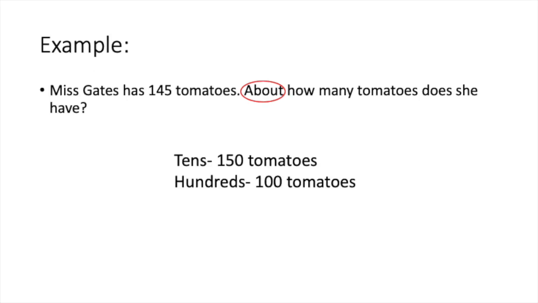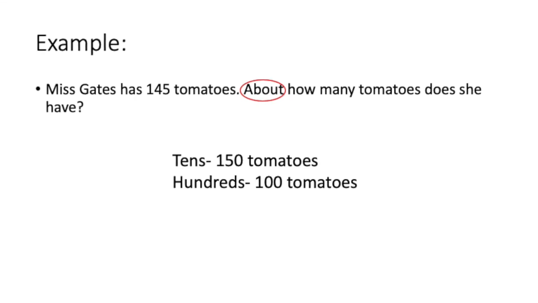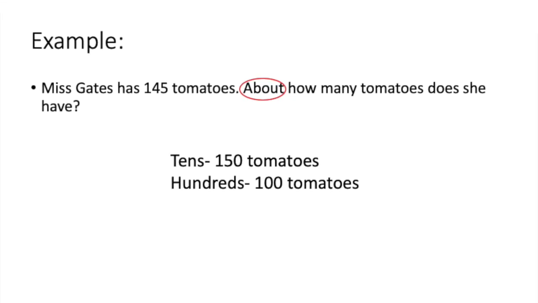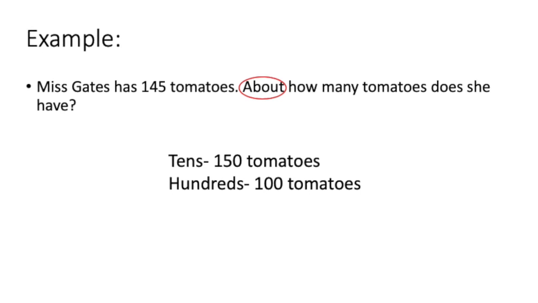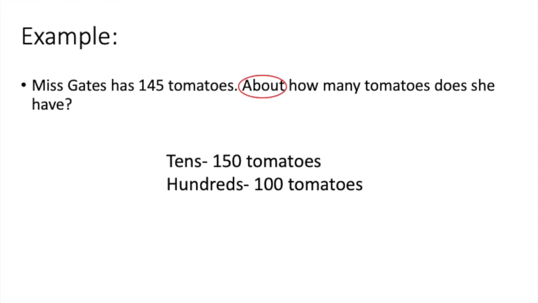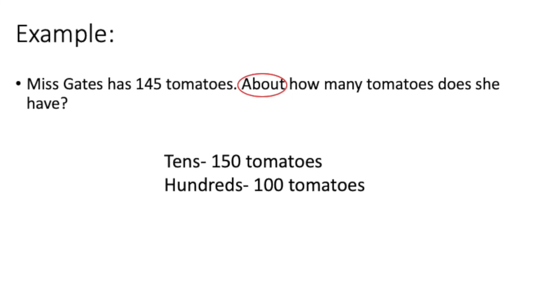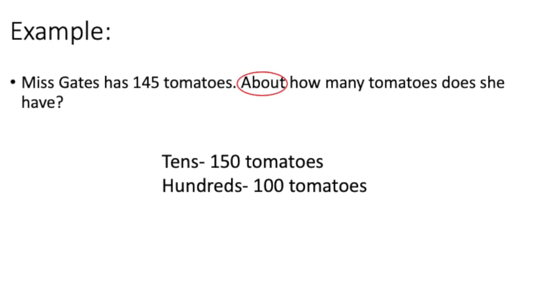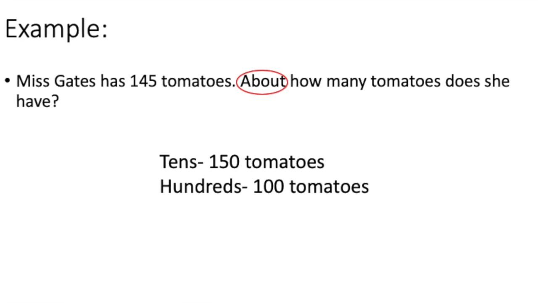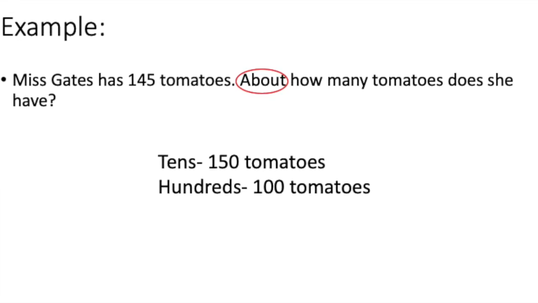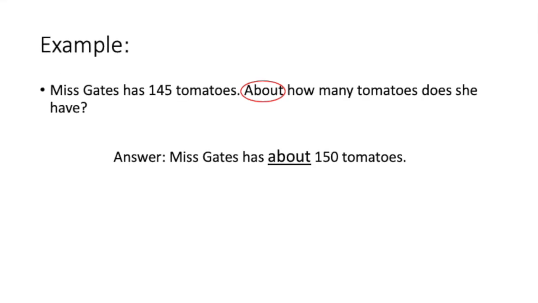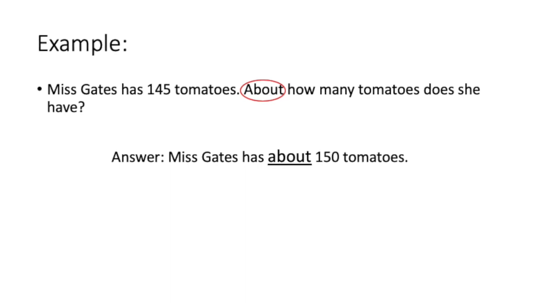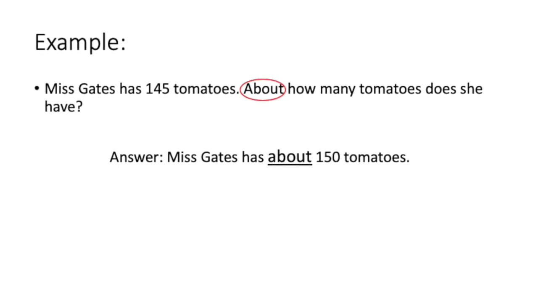So in this example, if I rounded by tens, I would round my answer to 150 tomatoes because I know that I have a high 5 and my 4 is going to go up. Or if I rounded by hundreds, I would have 100 tomatoes because I know that the 4 in the tens place tells my 1 to stay the same. If I was going to answer this in a journal question, I would write the answer as Miss Gates has about 150 tomatoes if I was answering with tens.